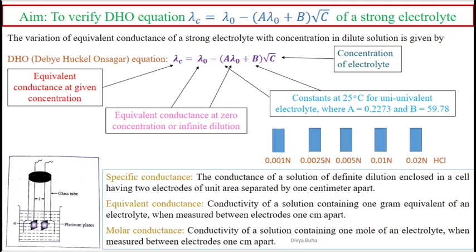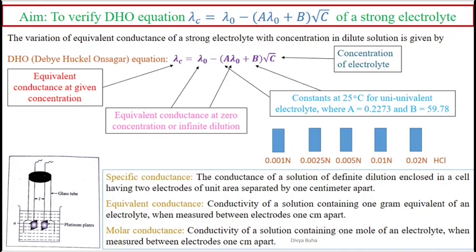But we know that when an electrolyte is dissolved in a solution, it gets dissociated into ions. So there are two types of electrolytes, right? There would be strong electrolytes as well as weak electrolytes. A strong electrolyte in a solution gets completely ionized, right? 100% ionization of strong electrolytes occurs.